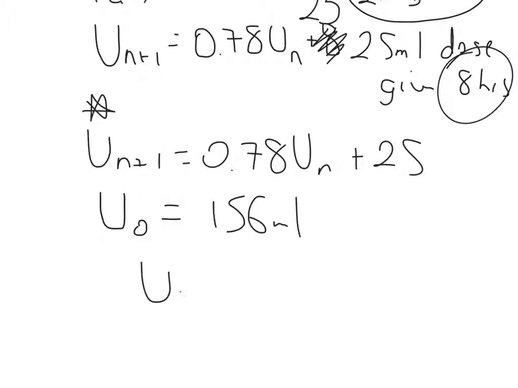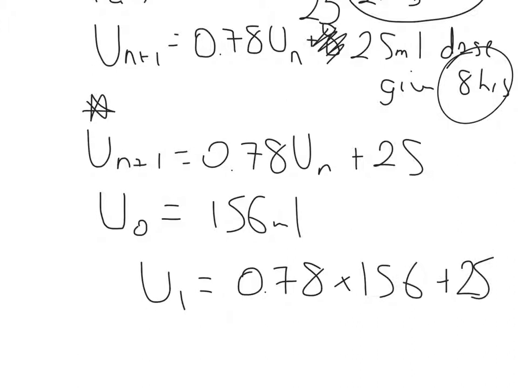Then u1 would occur 8 hours later, so that would be 0.78 lots of u0, which is 156, plus 25. So after 8 hours, u1 would be equal to 146.68 millilitres.